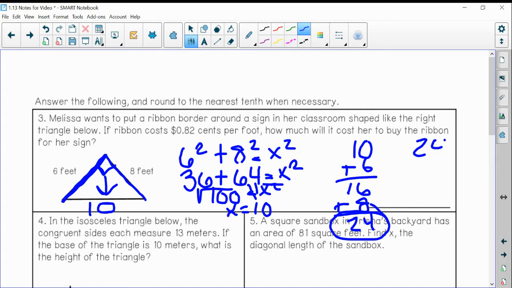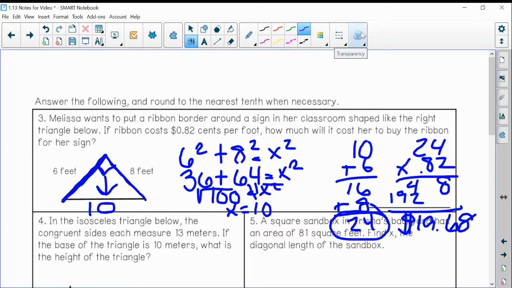Well, I want 24 feet, and it costs 82 cents per foot. So 2 times 4 is 8, 2 times 2 is 4, 8 times 2 is 16, 8 times 2 is 16 plus 3 is 19, and we get that it's going to be 1968 to wrap that whole thing in ribbon. Do we see that?